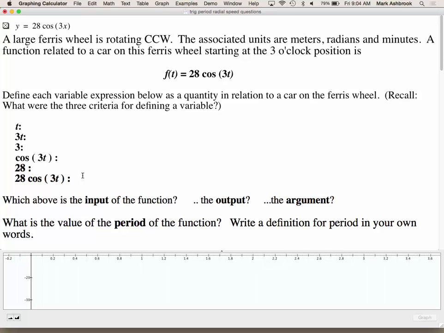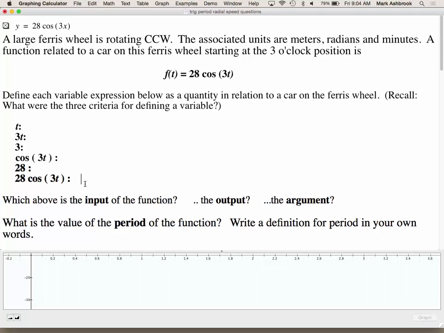Each of these expressions, which are all part of the function rule, has relevant meaning as quantities in this situation, and that's what you're writing out.